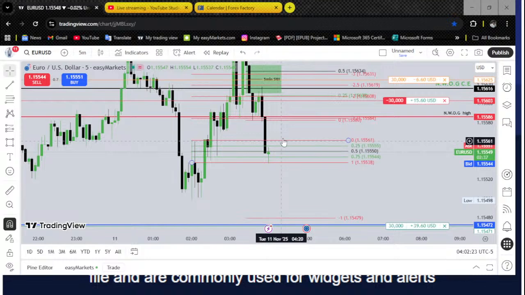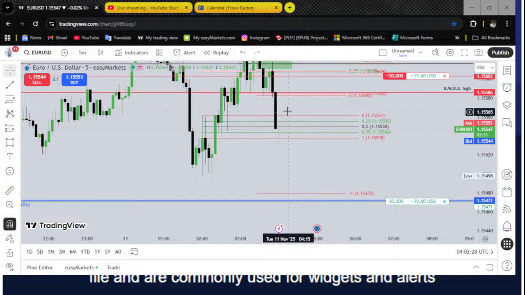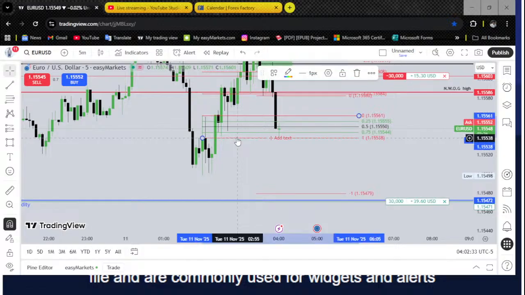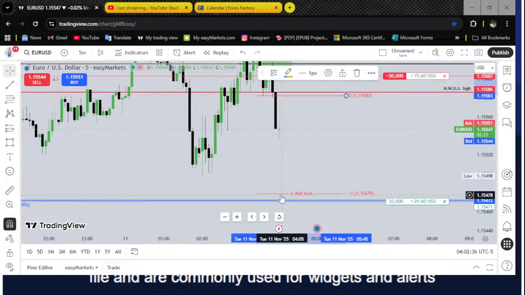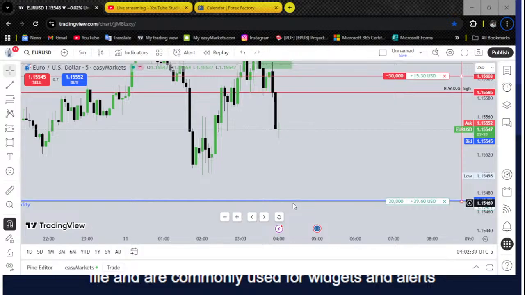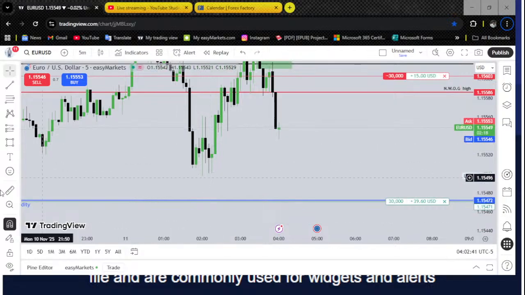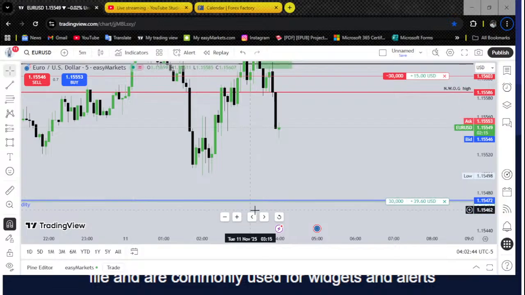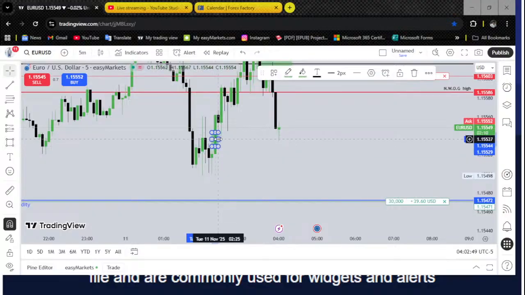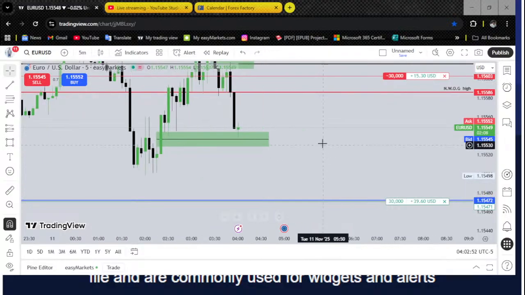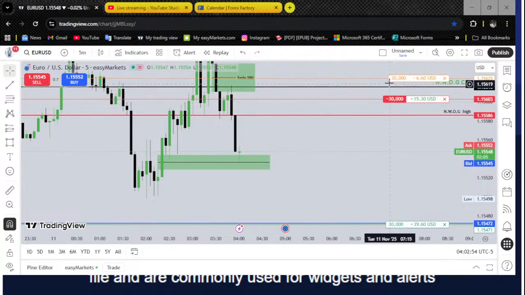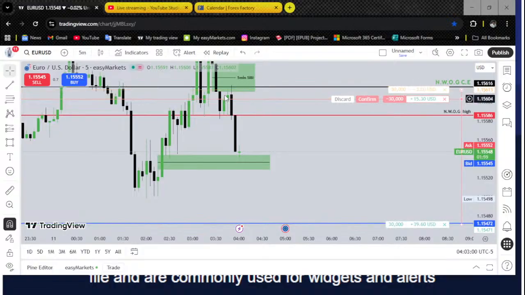I would love to leave a gap here, a form of breakaway gap, just to go down. Use this fair value gap to go down as well. This fair value gap should support the market to go down. My stop loss is just above this propulsion block.